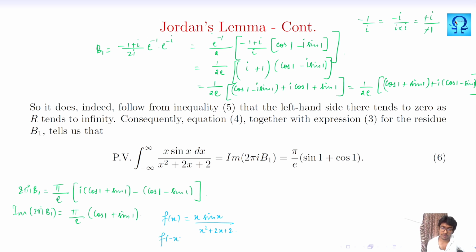If you try to evaluate f(-x), so -x sin(-x)/((-x)² + 2(-x) + 2), this is going to be x sin x/(x² - 2x + 2), which is not the same as f(x). So you cannot say you have found the integral value. That is not going to be true in this case. You have just found the Cauchy principal value.